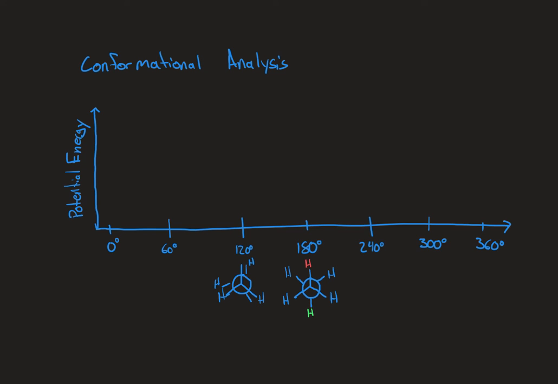Where now the red hydrogen and the green hydrogen are 120 degrees apart. Now I'm going to keep going in 60-degree increments. Now I'm back to a staggered conformation.